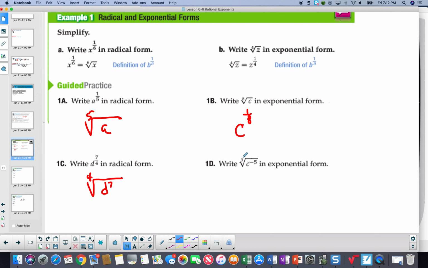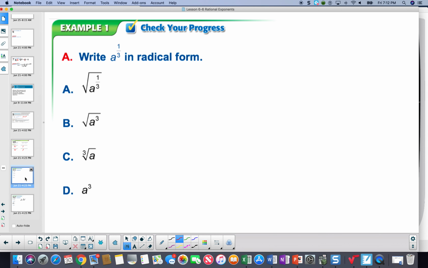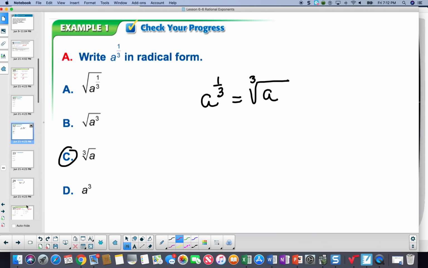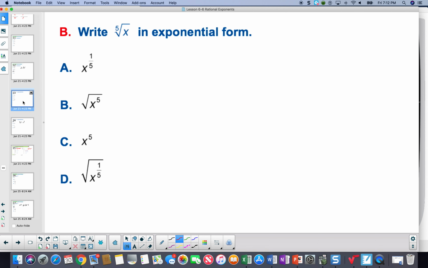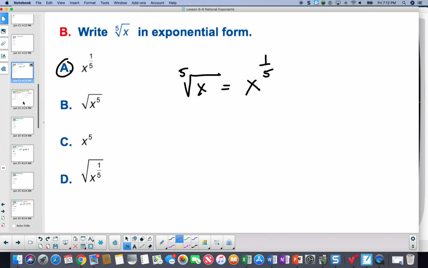Over here, the root is 3, which means a 1/3 power. So this will be c to the -5, and then we're going to have 3 down here. So we go back and forth. Pause to do the problem, and here's the answer. Pause to do the problem, and here's the answer.